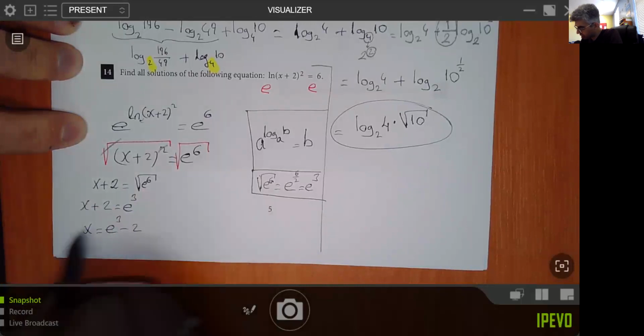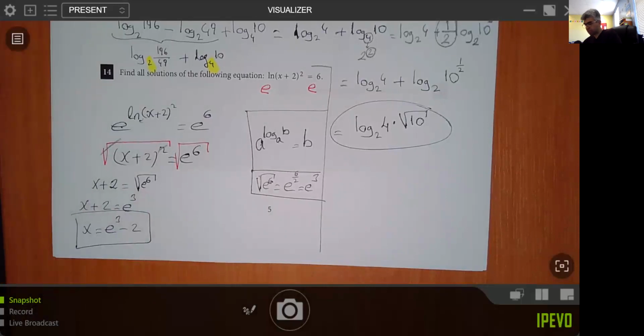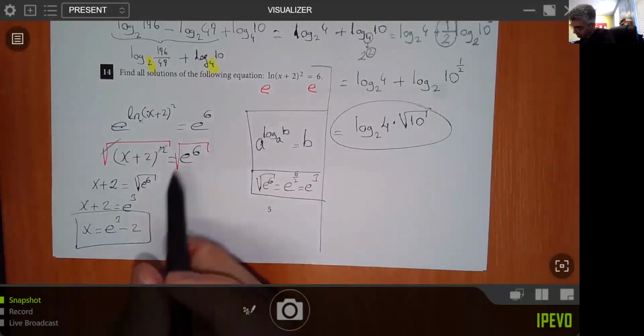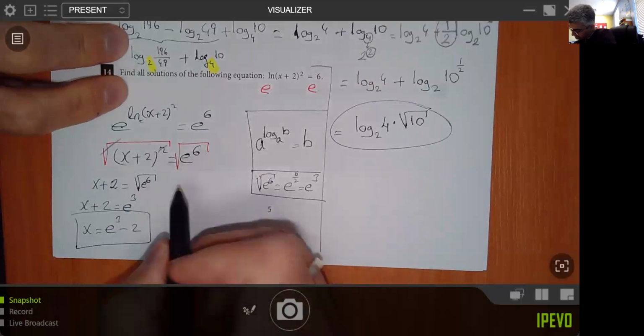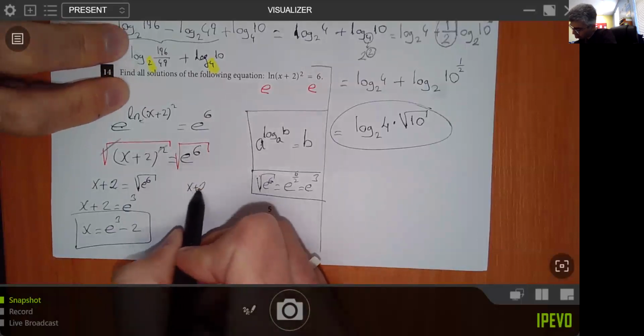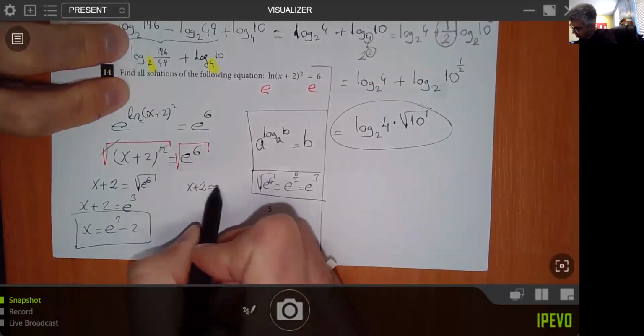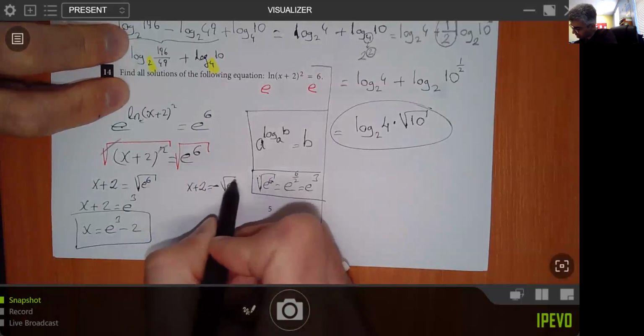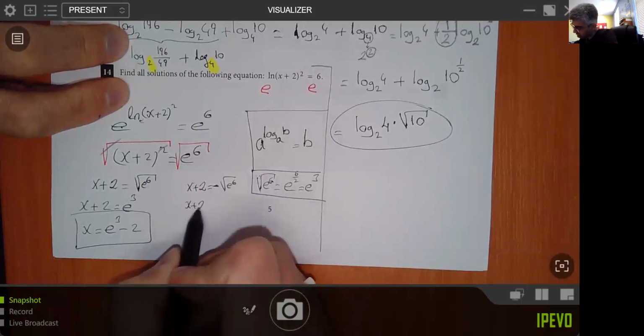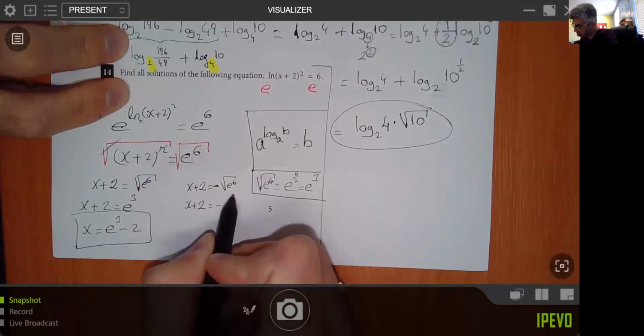If we subtract 2 from both sides, we have x is e cubed minus 2. What about the negative one? We may have that solution also. So x plus 2 is negative square root of e to the power of 6, so x plus 2 is negative e cubed.